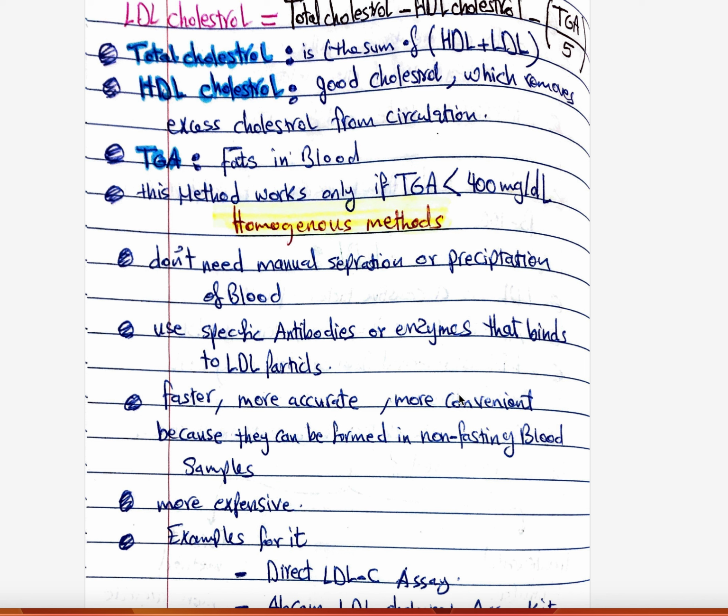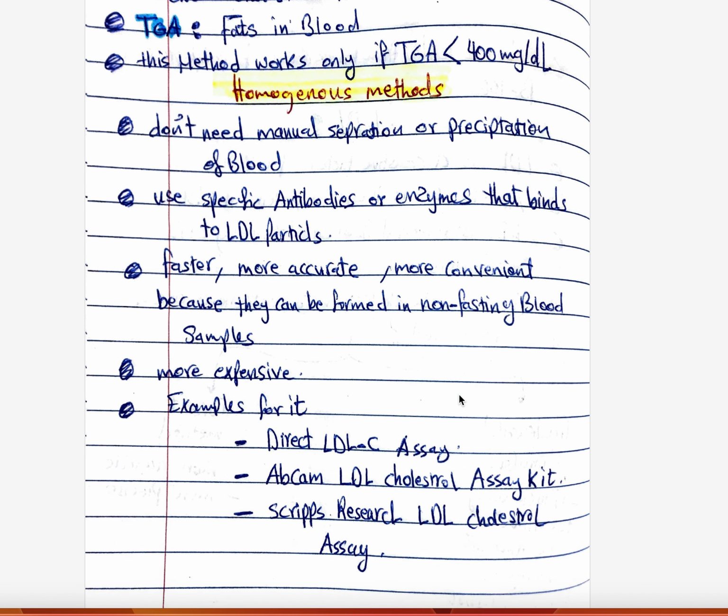But these rules are for high density lipoproteins, and here we are talking about the low density lipoproteins. It's a general topic: we use specific antibodies and specific enzymes, but I'm not now explaining what these antibodies and enzymes are. The direct method is faster, more accurate, and more convenient, because it can be performed on non-fasting blood samples.